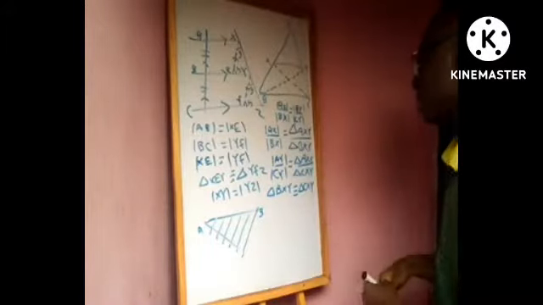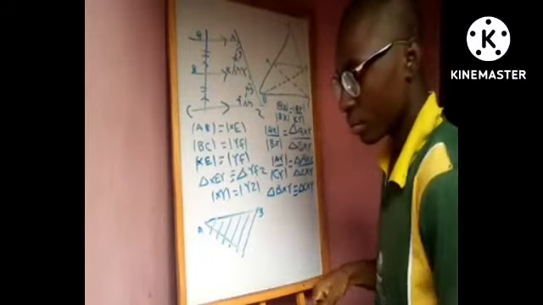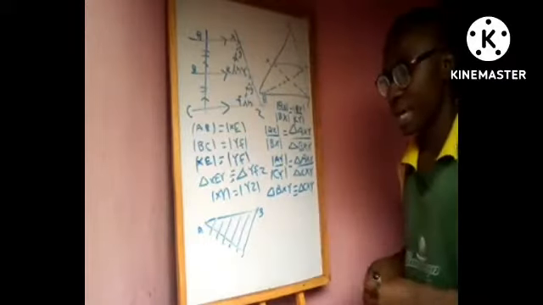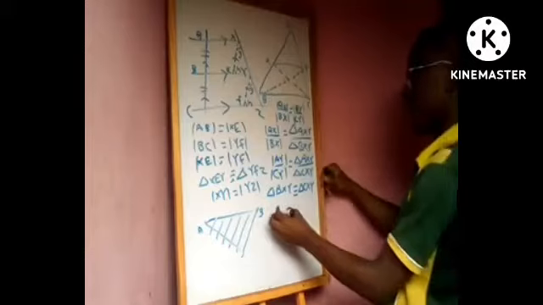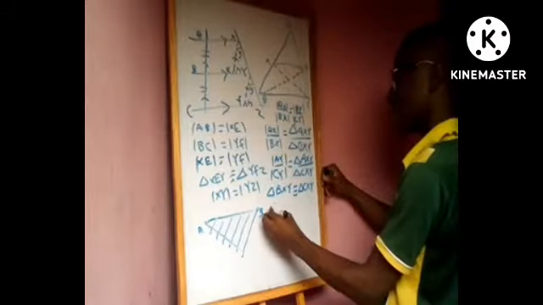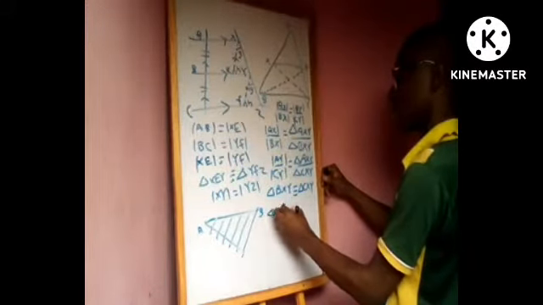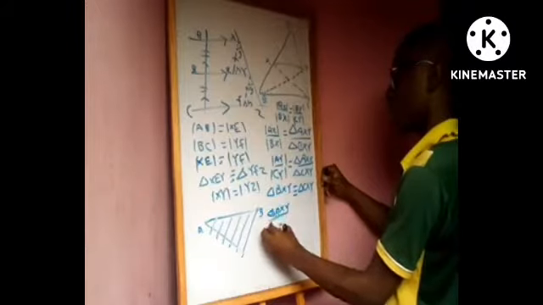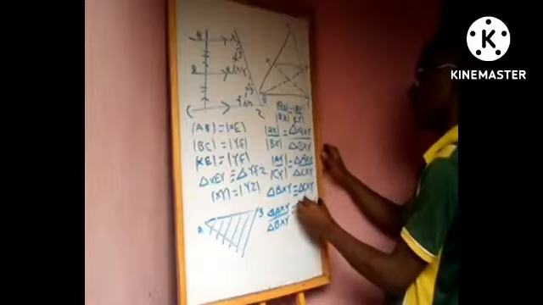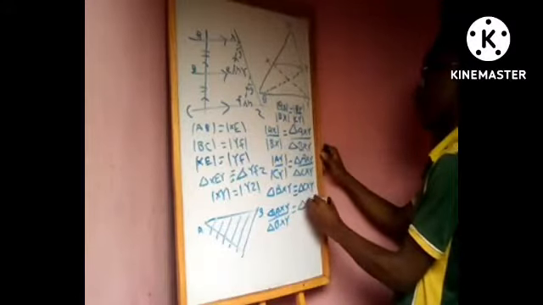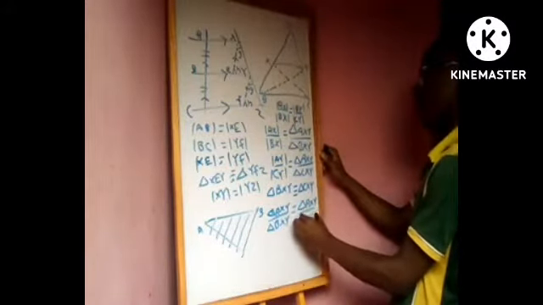So that means AXY over BXY will be equal to AXY over CXY. So because triangle AXY over triangle BXY will be equal to triangle AXY over triangle CXY.